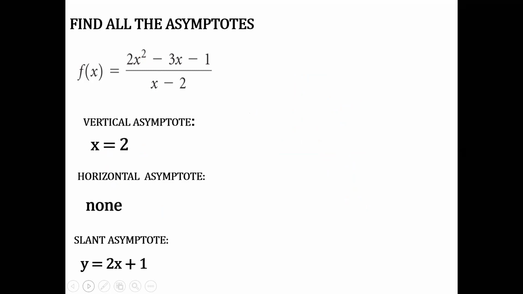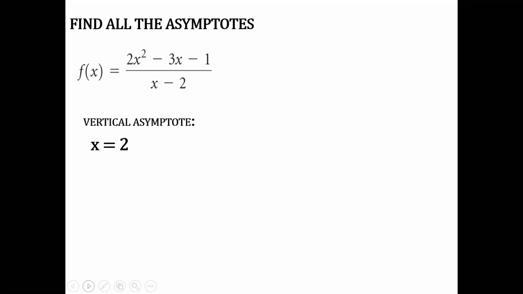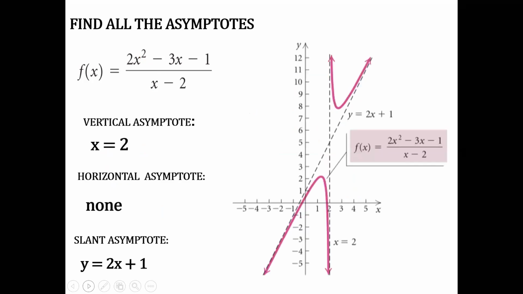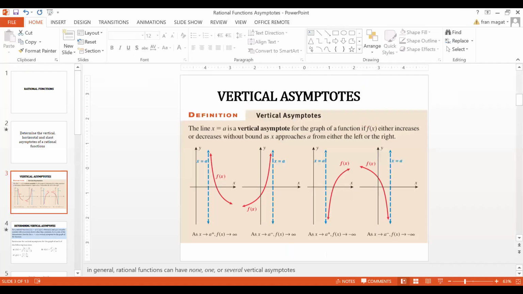Again, we get that by dividing the numerator by the denominator. So you have the graph. This line is your slant asymptote. What is that line? That is the line y equals 2x plus 1. Okay.